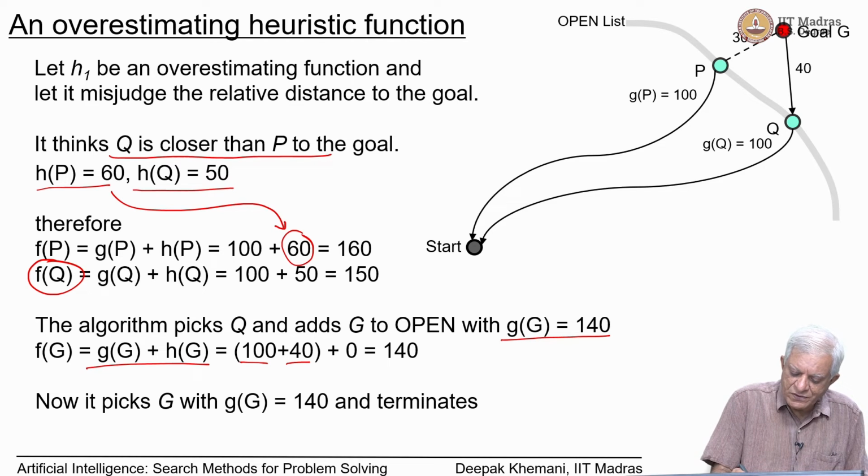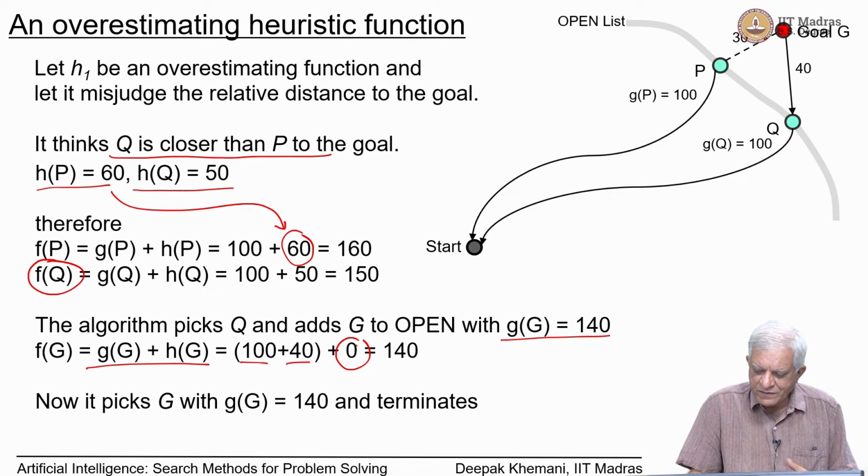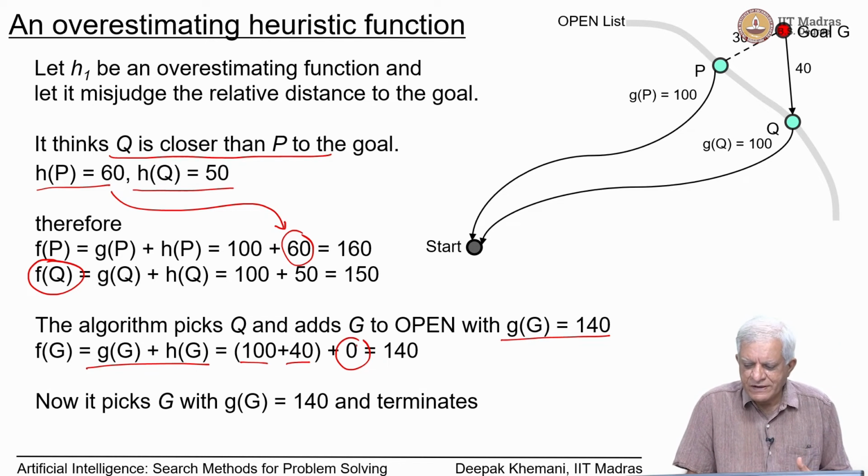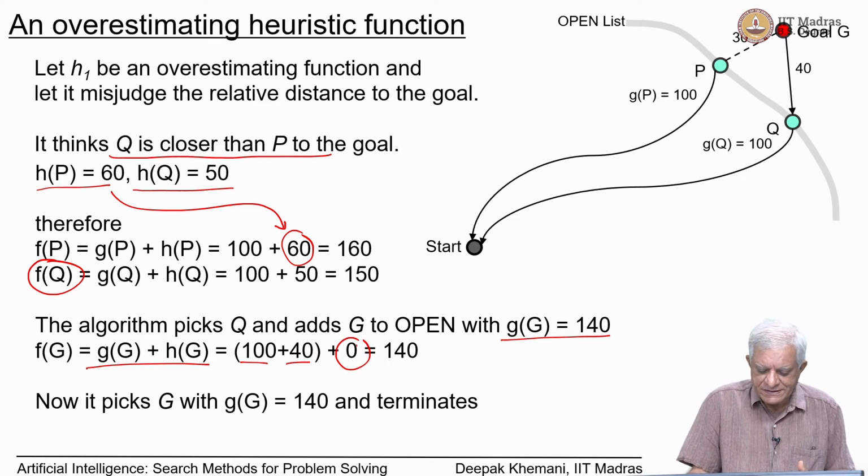H of g is 0 because it is a goal node. So, g of g is 100 plus 40. If you remember, that is how the g values are updated when new nodes are added to open essentially.